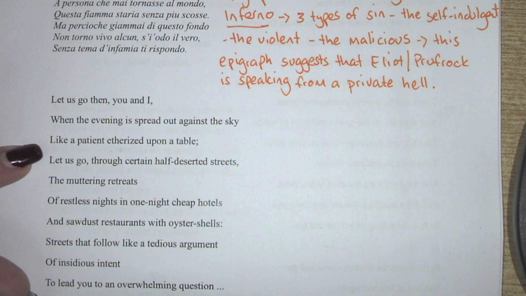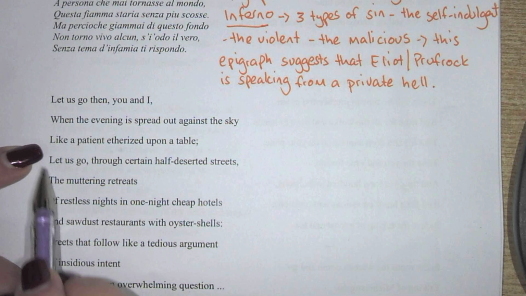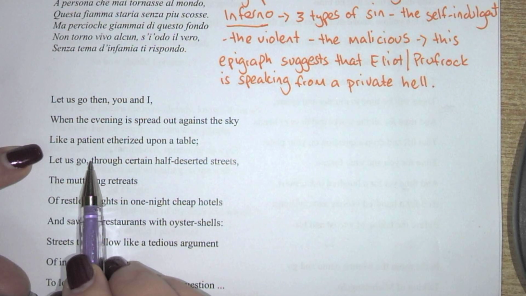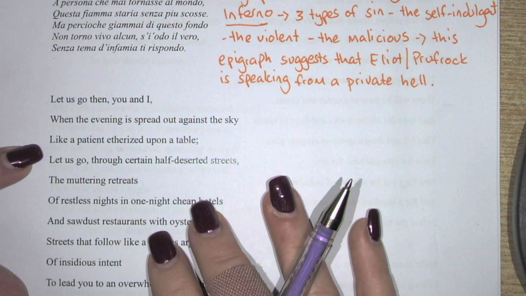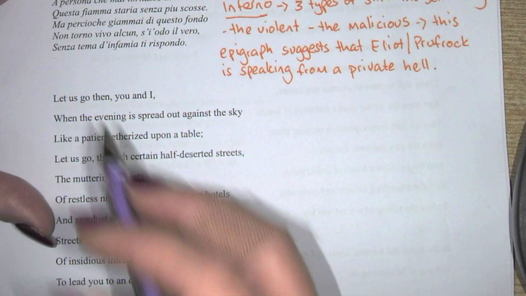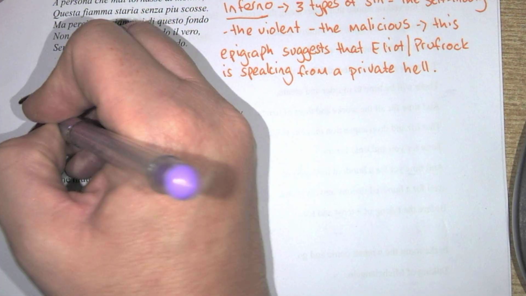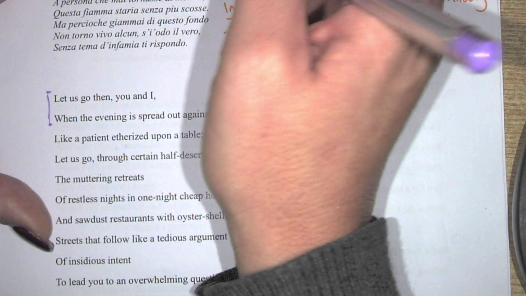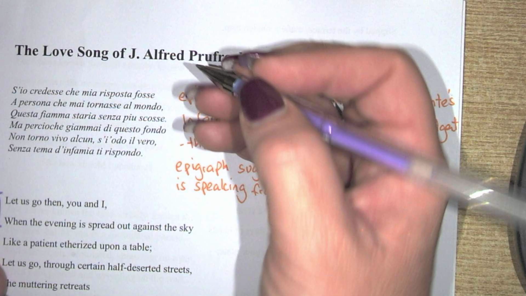And so it's meant to be this unsettling imagery. So the first being this patient etherized upon a table. So we've got this immediate subversion. So in terms of what you're going to write, we're going to place it up here, okay? Even though it's these two lines that I'm talking about, we're putting it up here with the title.